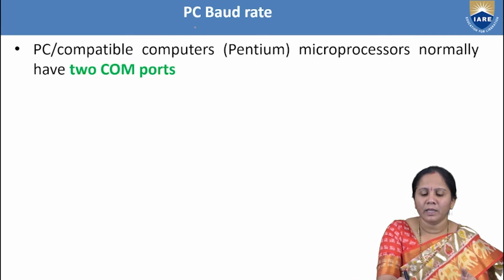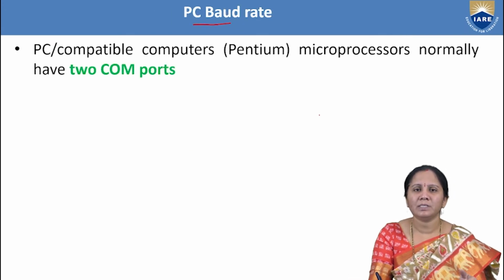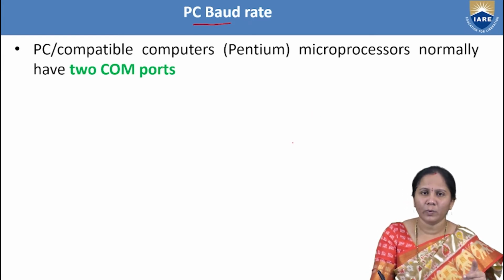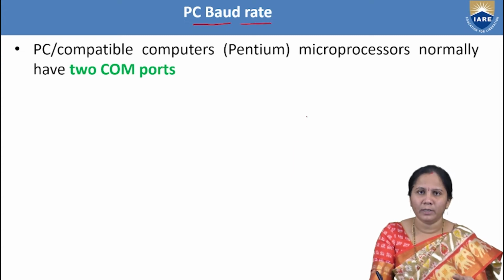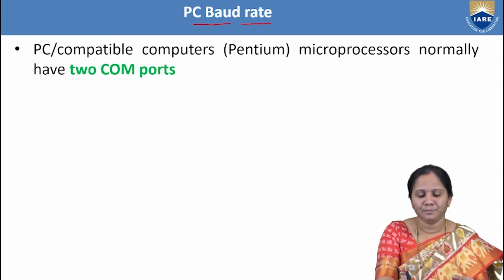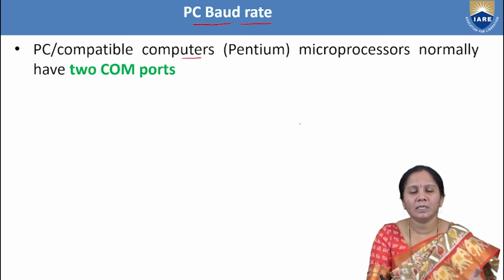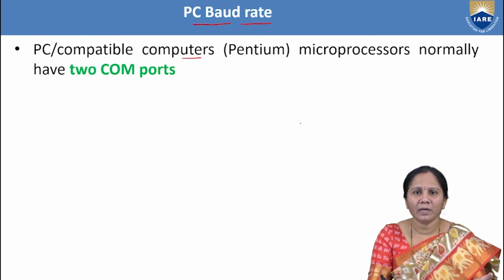And next what we have to see is the PC baud rate to perform the serial port operation. So one is TxD RxD pins, another one is PC baud rate. Here PC means compatible computers having a Pentium microprocessor.